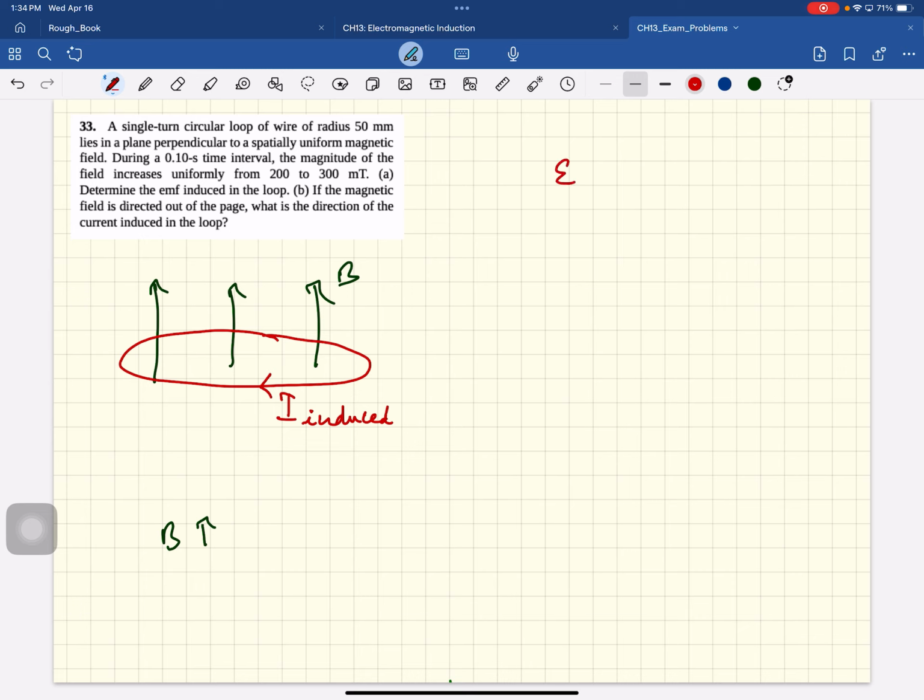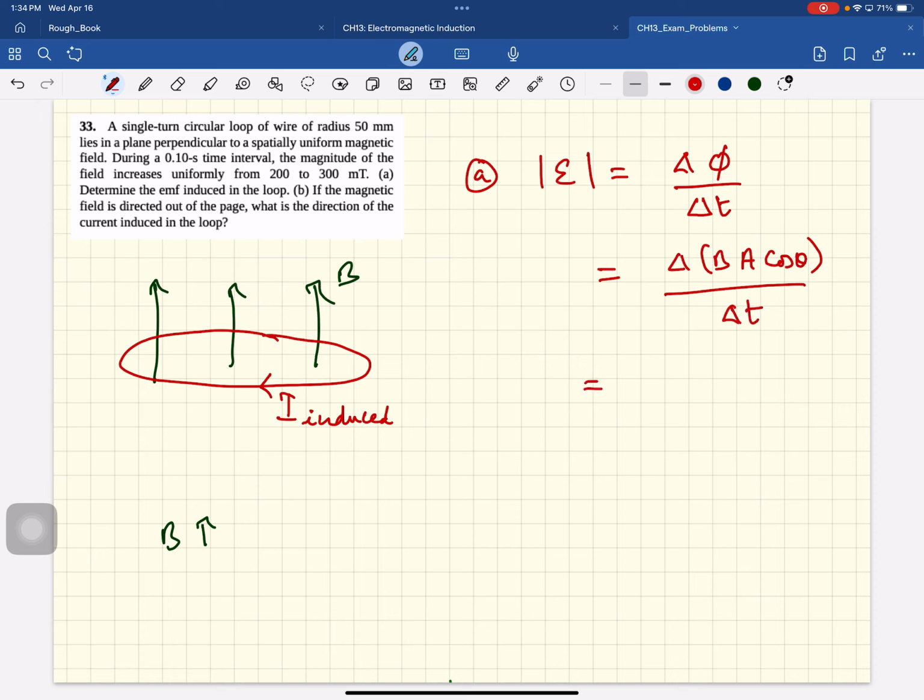The EMF is, again, cosine theta is 0, so cosine 0 is 1.